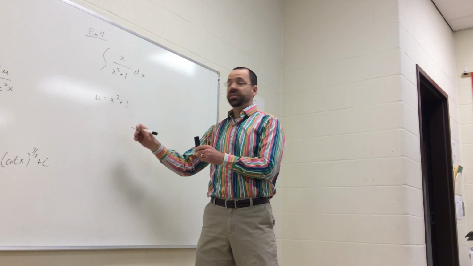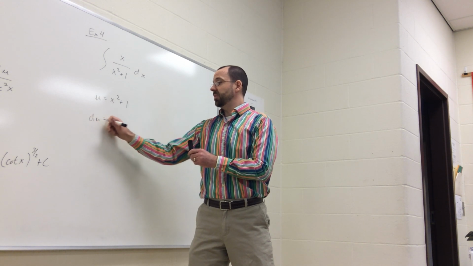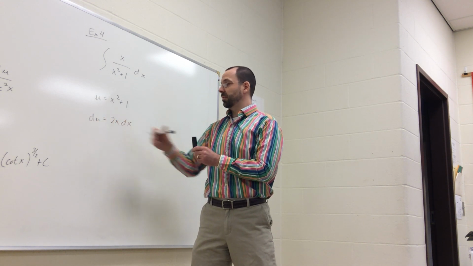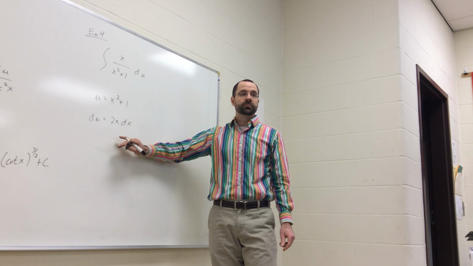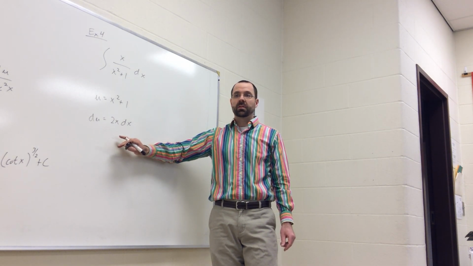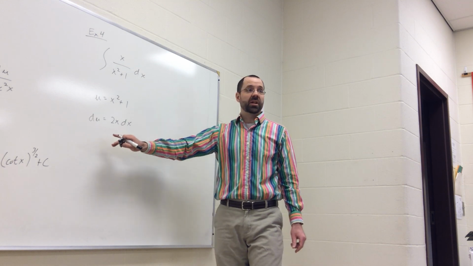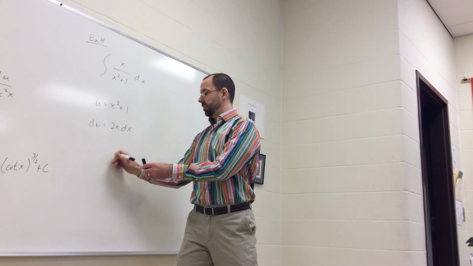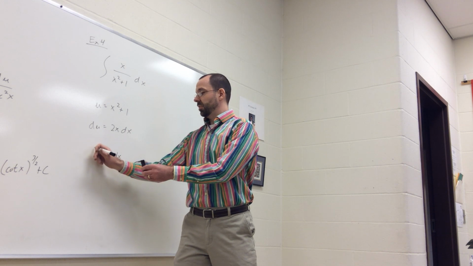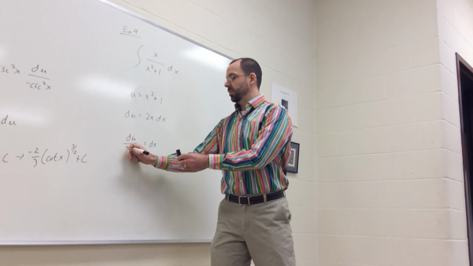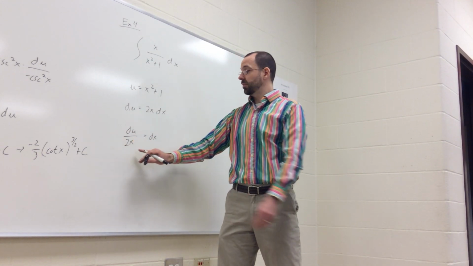All right, so if u equals this, then du equals 2x dx. So then you divide the 2x to the other side, so dx equals du over 2x.